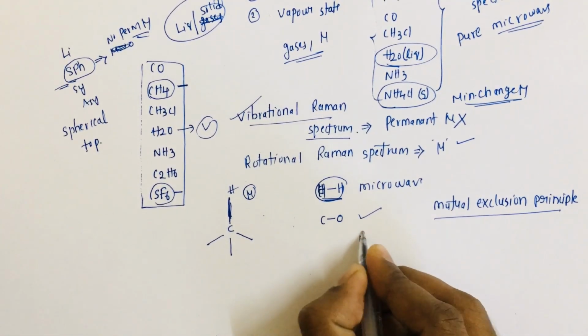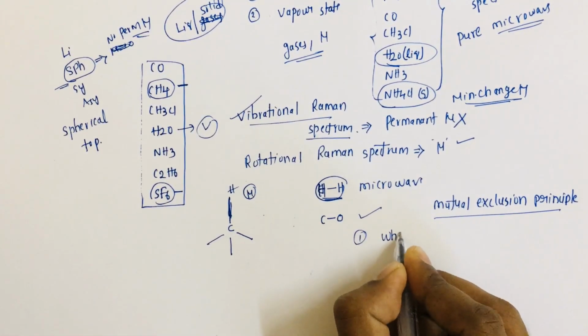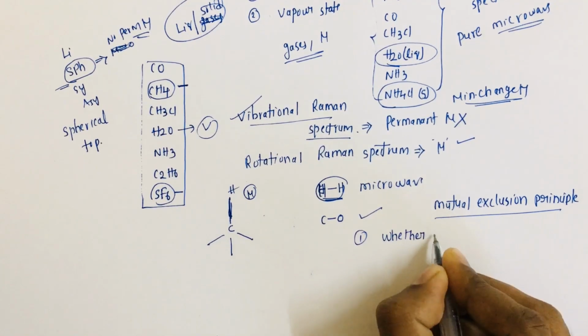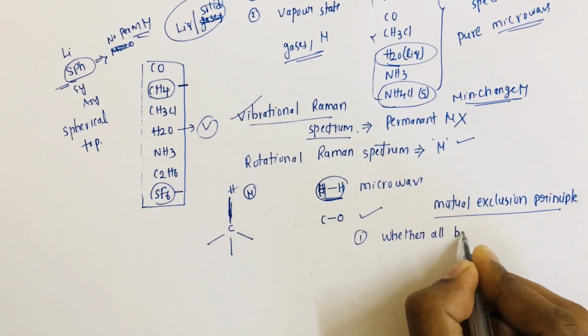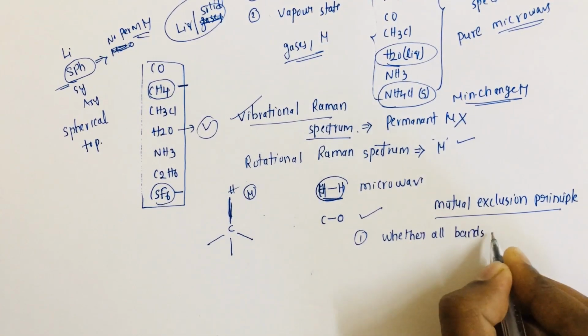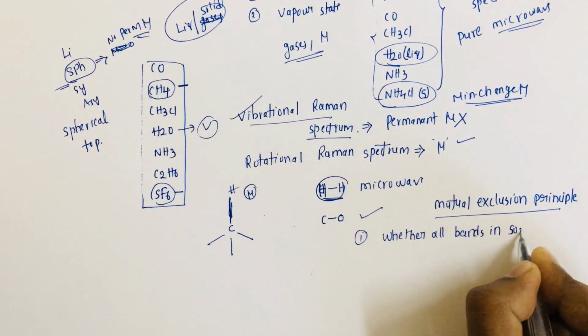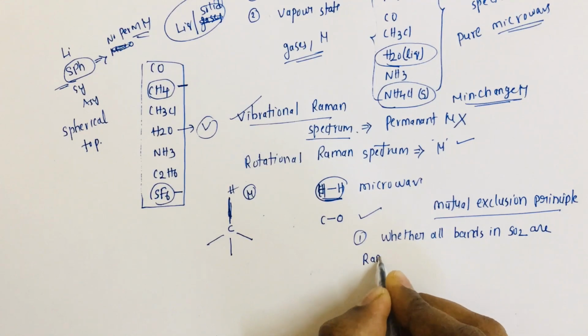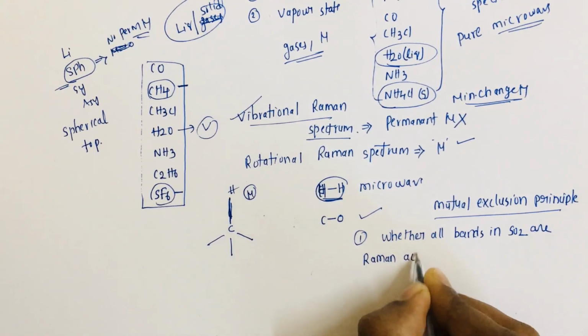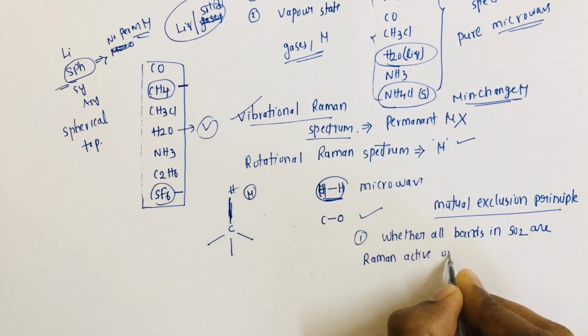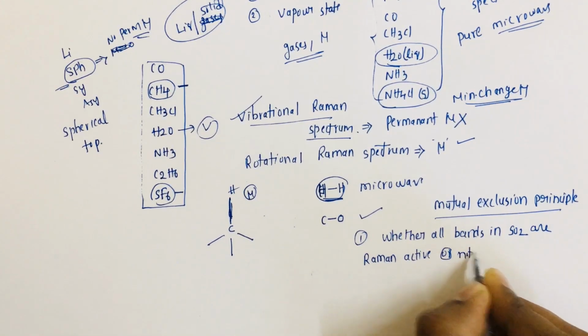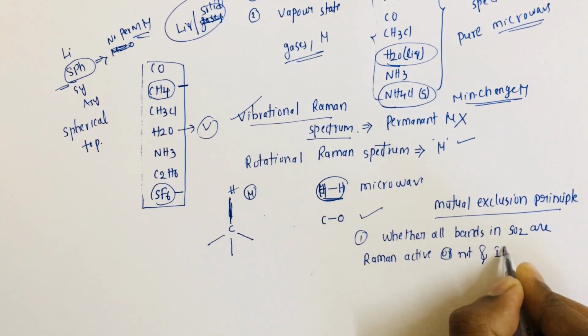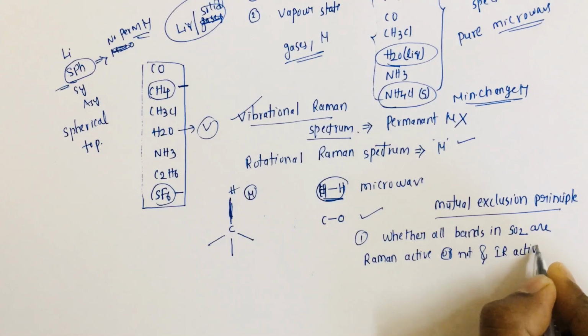So the question is whether all bands in SO2 are Raman active or not, and IR active or not.